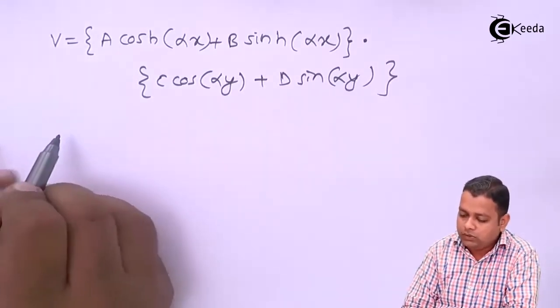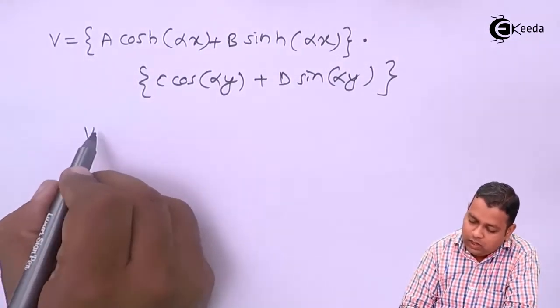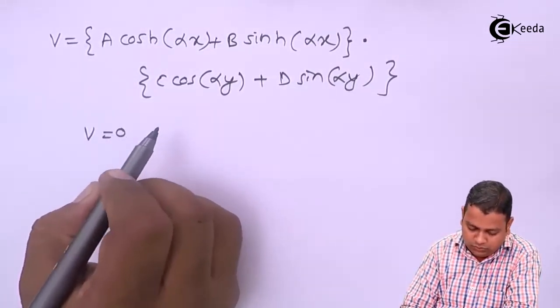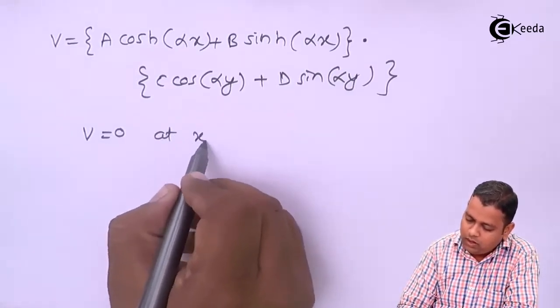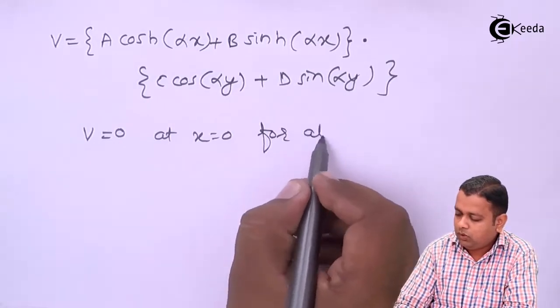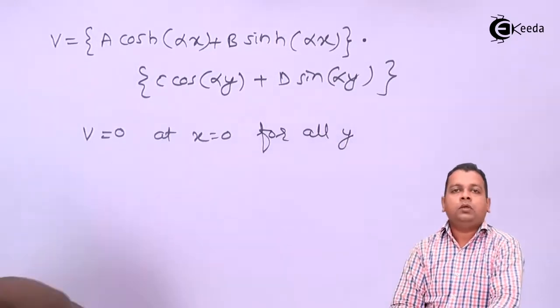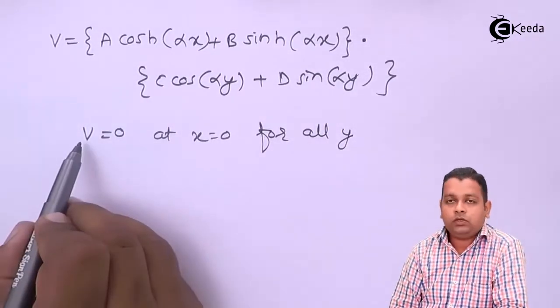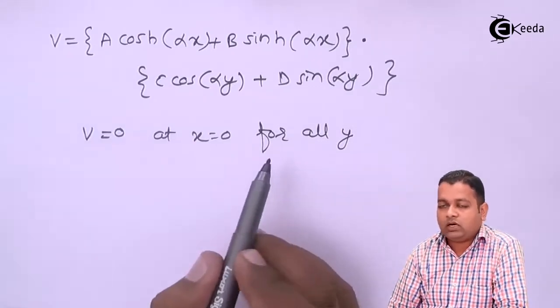For this equation, we put the condition that V is equal to 0 at x is equal to 0 for all y, because we have considered capital V to be the potential in the xy plane.